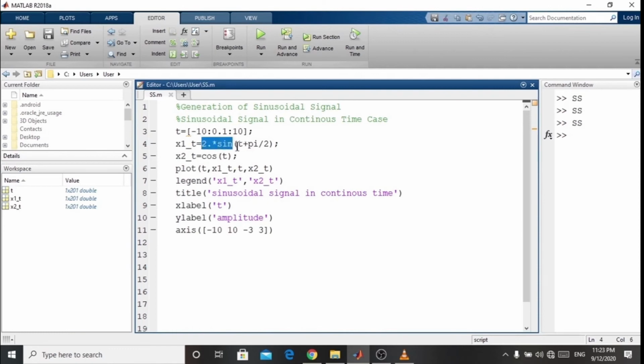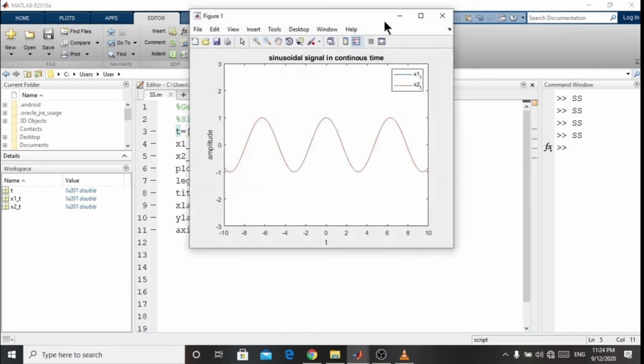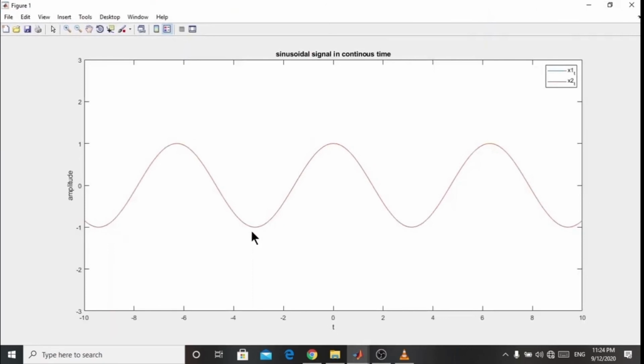Next let's do the time reversal on the cosine function. For that I convert this function to cosine function. x1 of t is equal to cos t and x2 of t is equal to cos minus t. When we run the command, we get the signal.